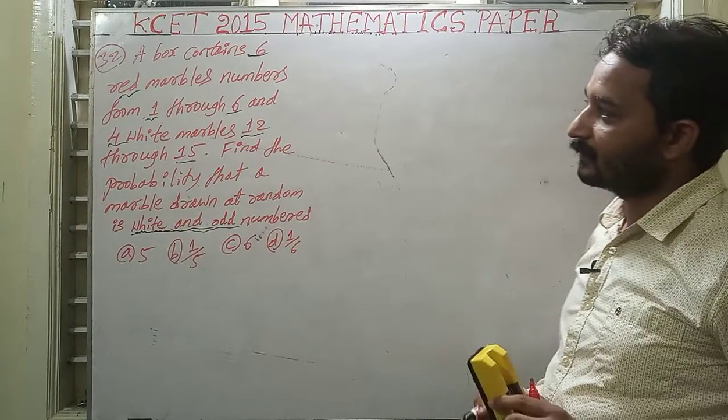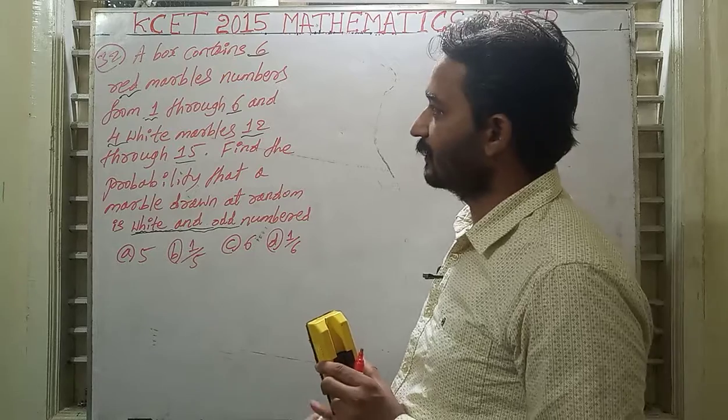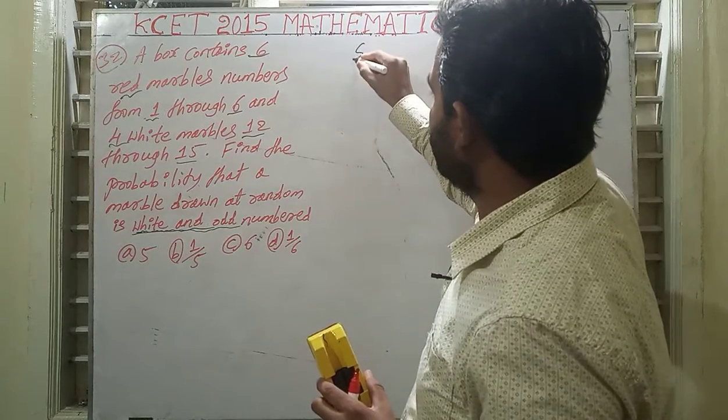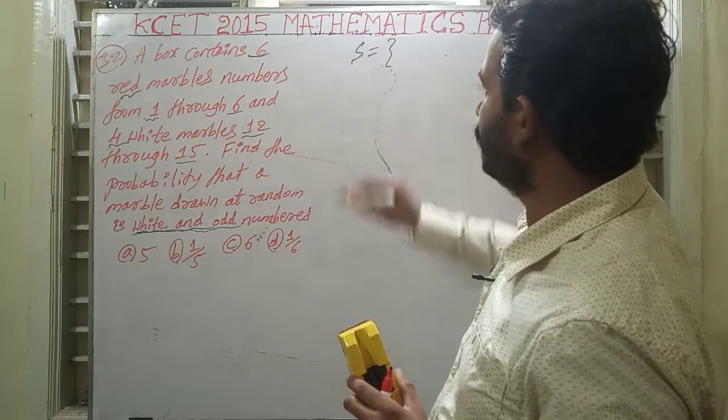Okay. So first we can write the sample space of this random experiment. It is essential to solve this question.